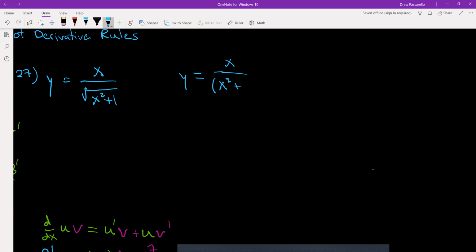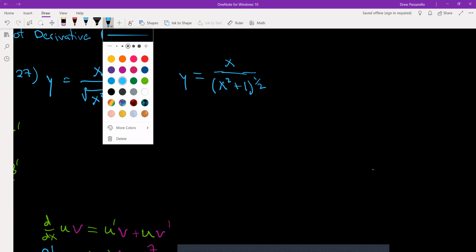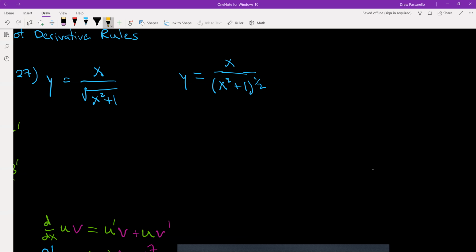I'll first use the quotient rule, and I'll show how you can apply the product rule after.